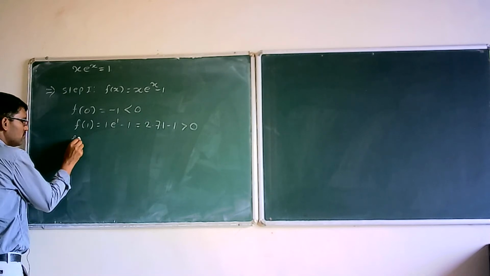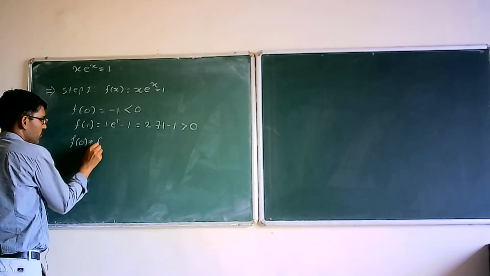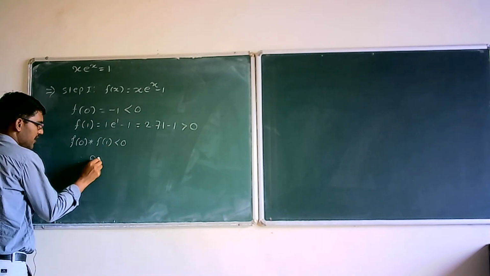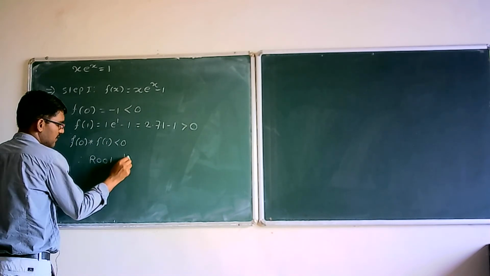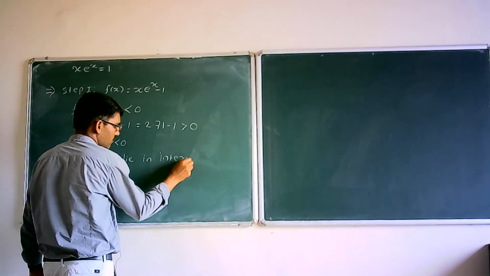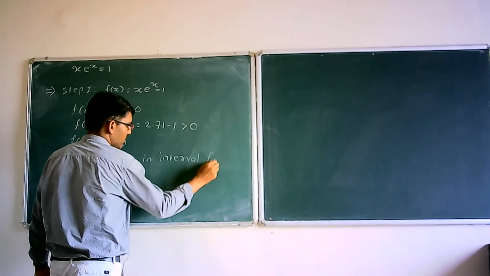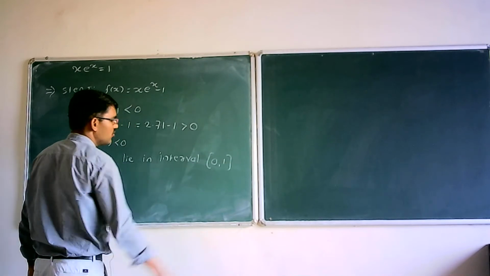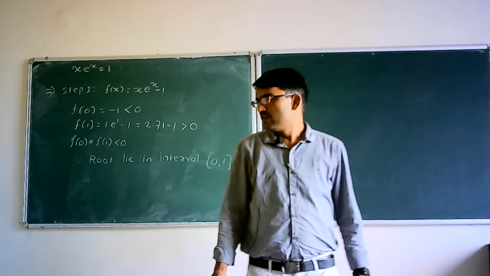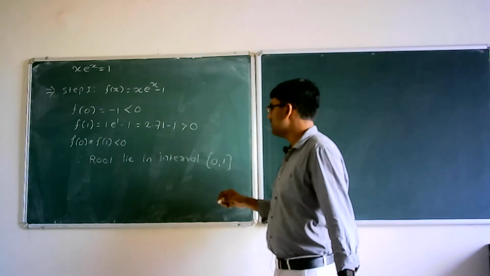So f of 0 into f of 1 is less than 0, and therefore the root lies in the interval 0, 1.